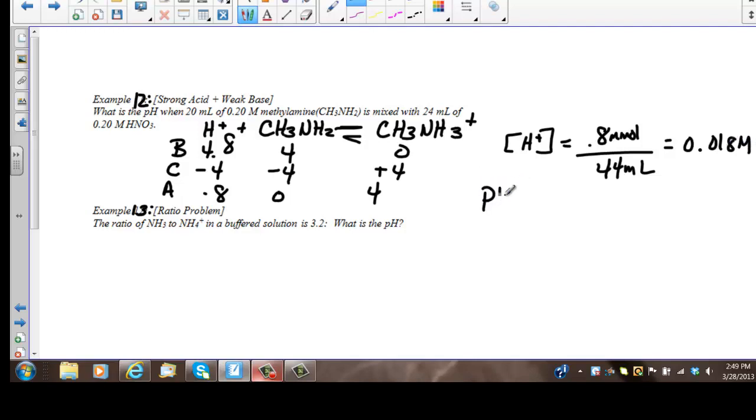And then my pH is equal to the negative log of my H concentration, which is going to be equal to 1.74. If we compare, in this problem, I had no buffers because there were no partners.